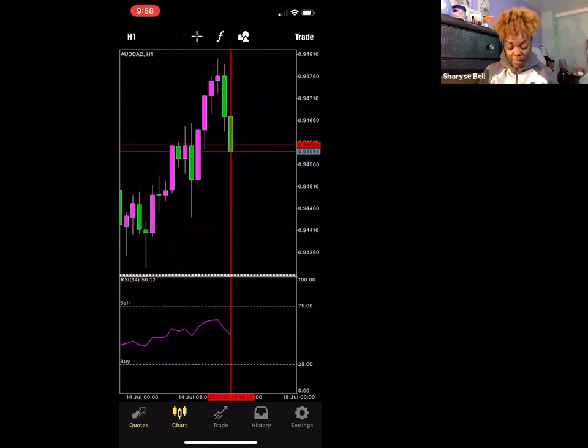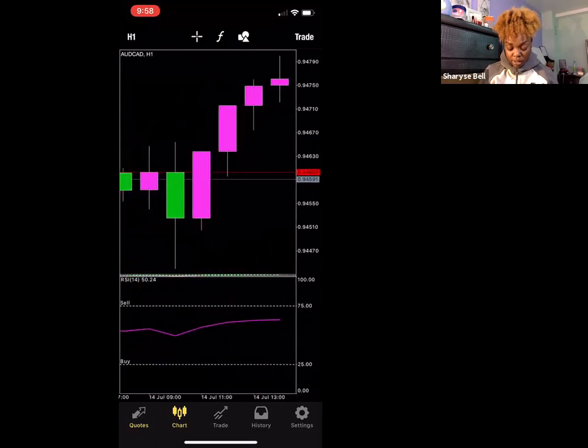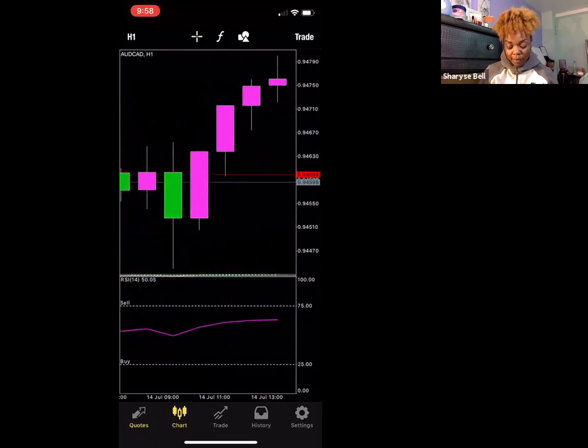Now, when you have these candlesticks, I want you guys to pay attention to this, all right? As you can see, you have a body that has a color, and then you have a wick, or a little stick coming out of it. The body of the candlestick is going to show you the real market movement. It's going to show you truly what the market wanted to do. And the wick is going to show you where the market actually went during that time frame, okay?